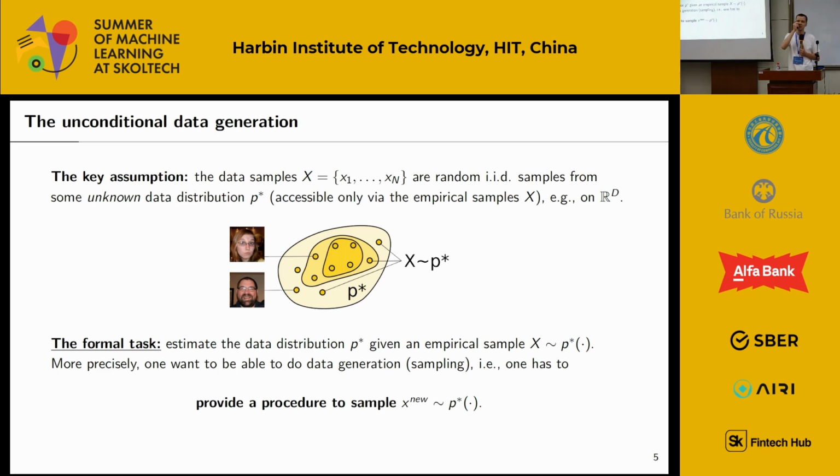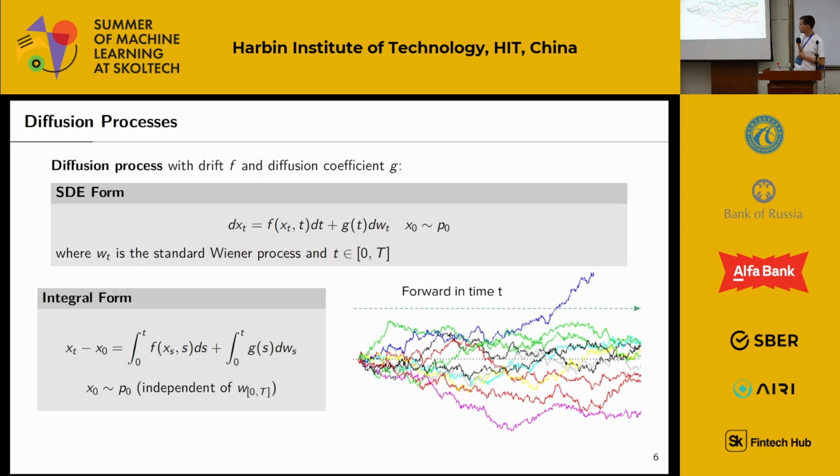To build a generative model for this distribution means that you need to provide a procedure to sample new points from this data distribution based on the points which you have in your available train data set. And as we discussed in the previous lecture, diffusion models are one of the paradigms which nowadays are state-of-the-art methods to solve generative modeling problems, the problem of unconditional data generation.